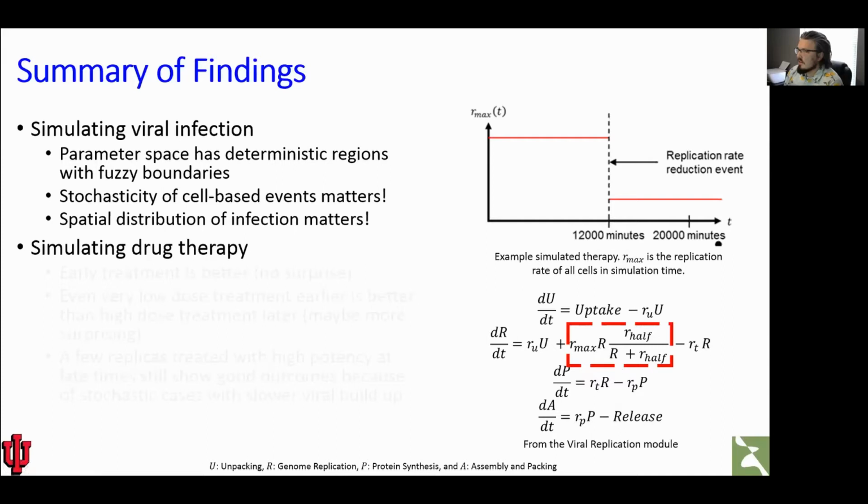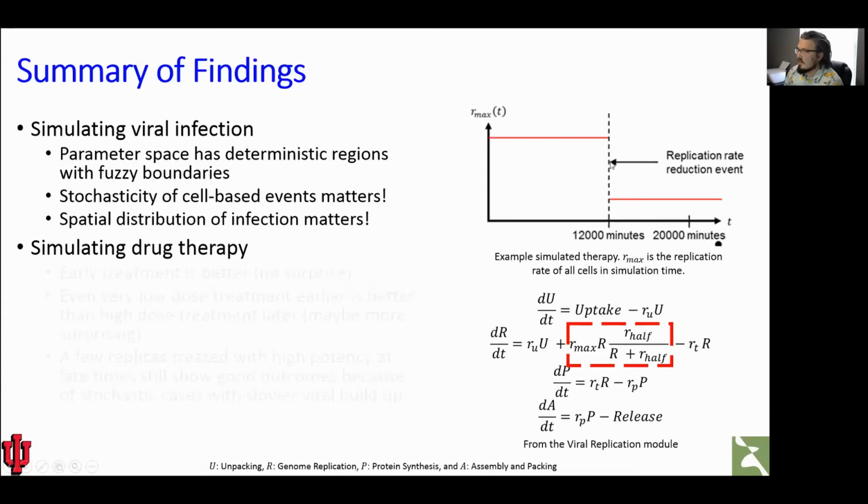And then our simulations of drug therapy, as you can see here on the right, this is a schematic of a representative example of a simulation. We said that at some point after initial infection in simulation time, we would take this coefficient Rmax, which we often call the replicating rate.